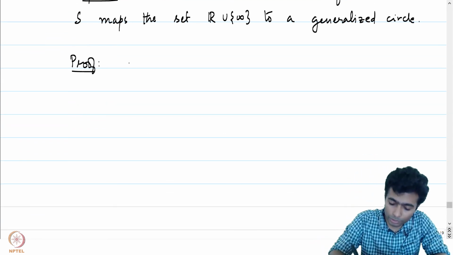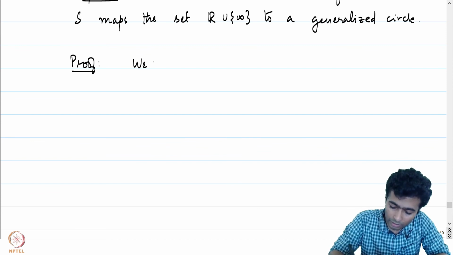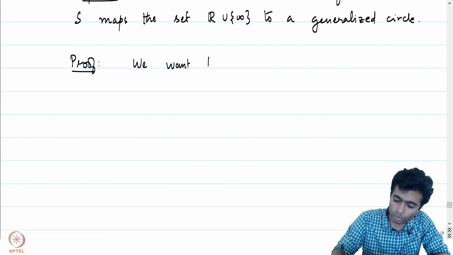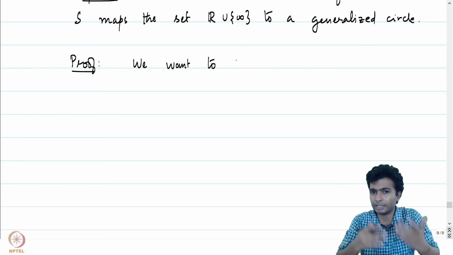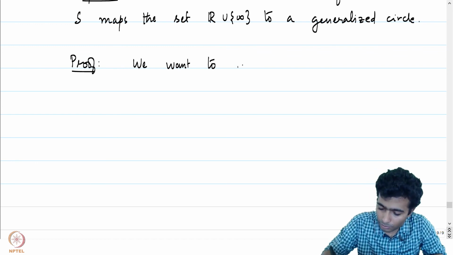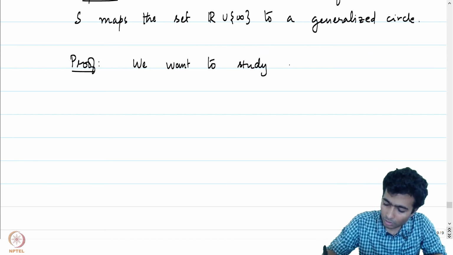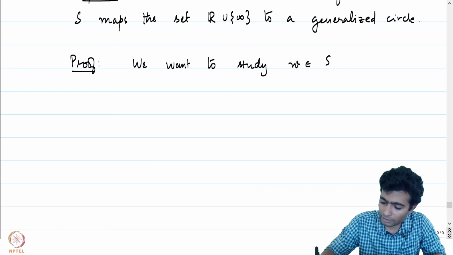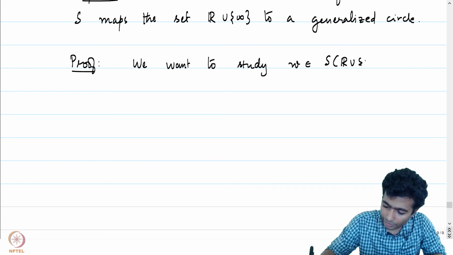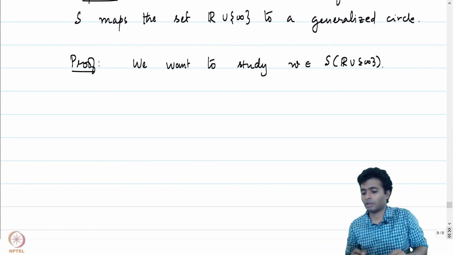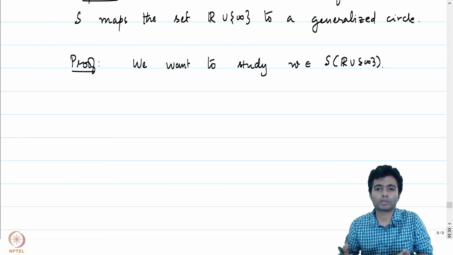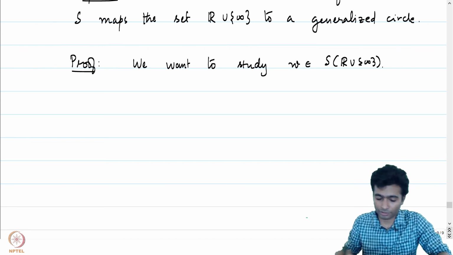We want to study the set of all points W in S of R union infinity. That means S inverse of W belongs to R union infinity. We want to study all those points.